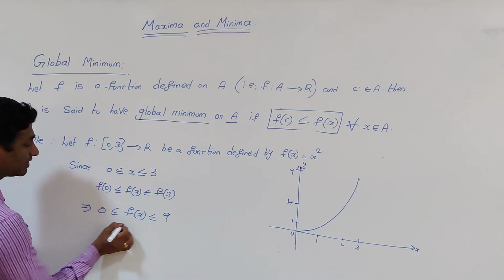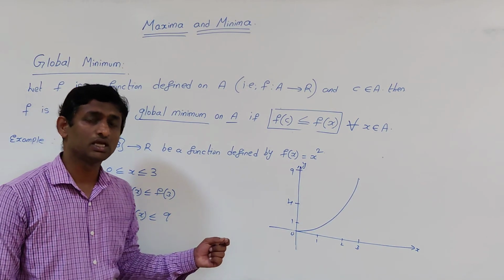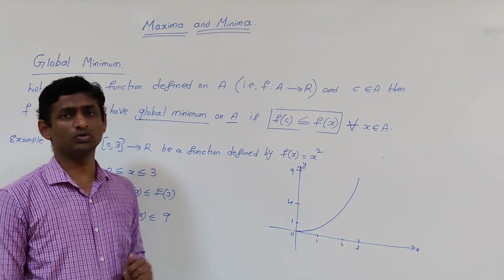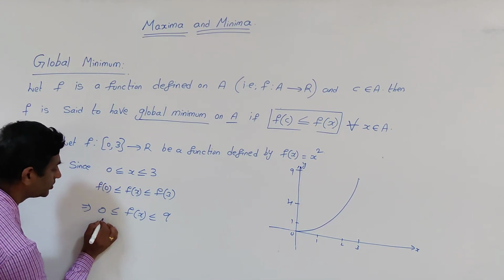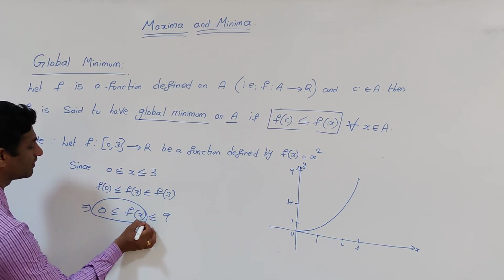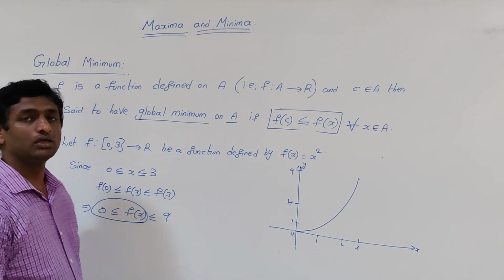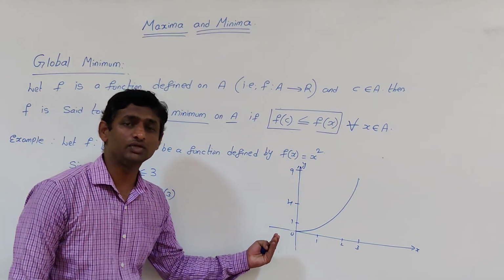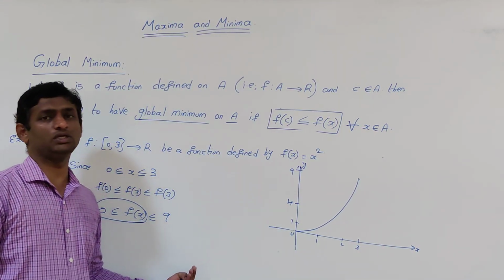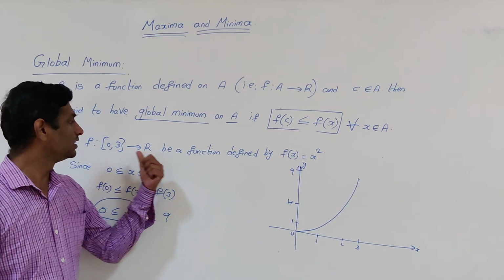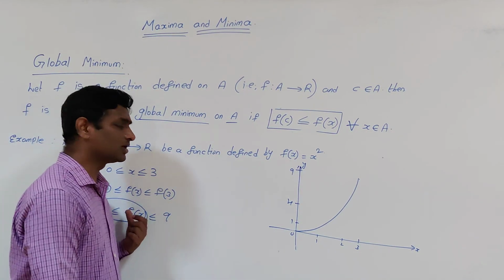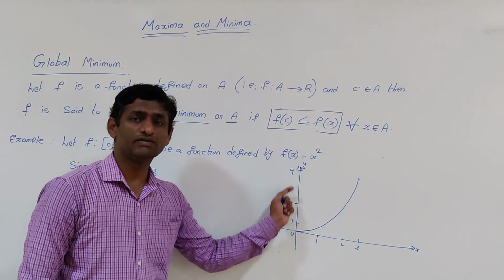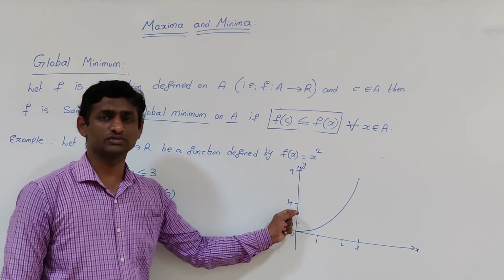Meaning whatever outputs exist are greater than or equal to 0 only. So the outputs of f(x) will be greater than or equal to 0, meaning there is no value which is less than 0 in this function. So we can conclude that 0 is our least value over the entire domain of the function.